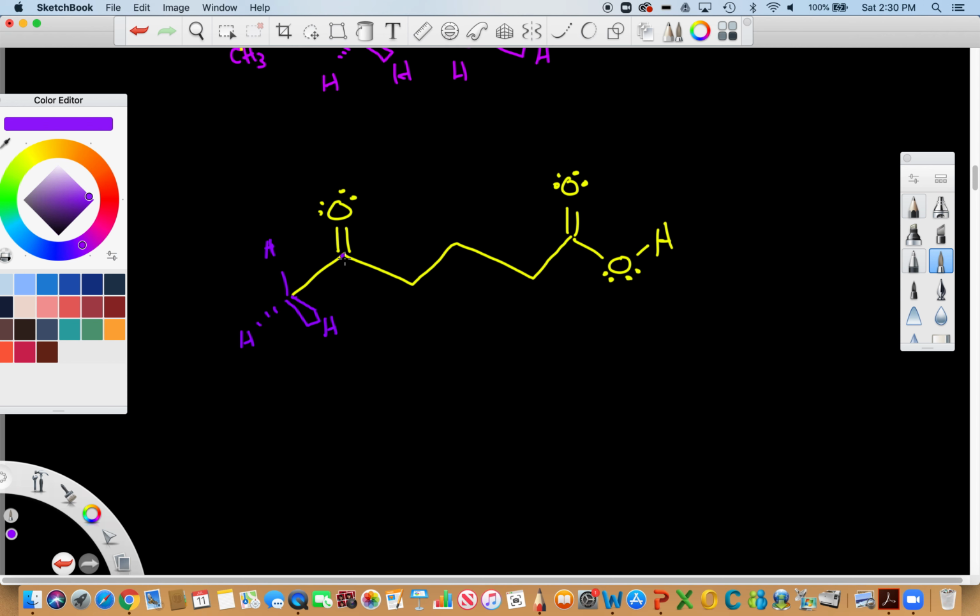This one here, there's not, so this is an sp2. This carbon here is an sp2, so it's going to be trigonal planar. But when we get to this carbon now, it is still sp2 because of the double bond.